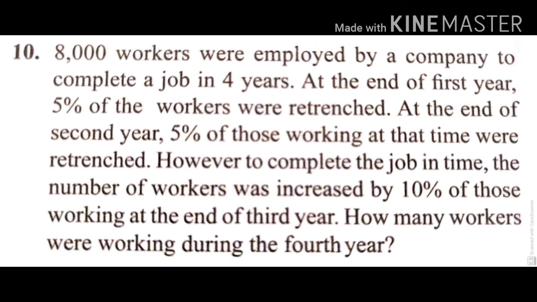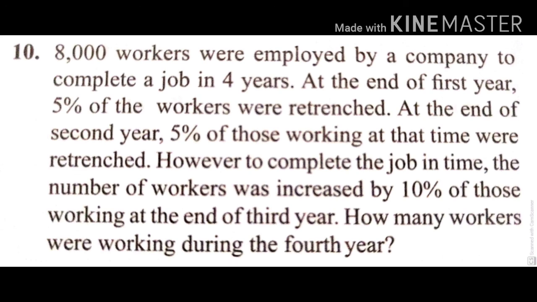At the end of the second year, 5% of those working at that time were retrenched. Means again 5% also removed. Means cancelled. So minus. However, to complete the job in time, the number of workers was increased by 10% of those working at the end of the third year. So how many workers were working at that time after the fourth year? There we have to find out.